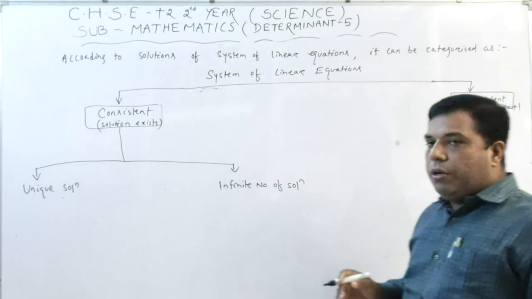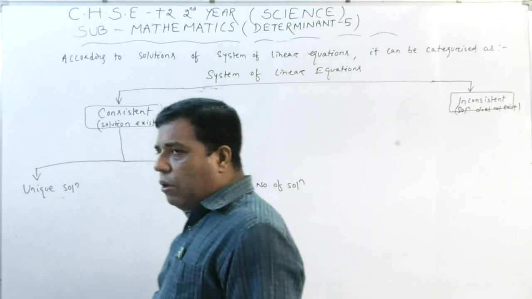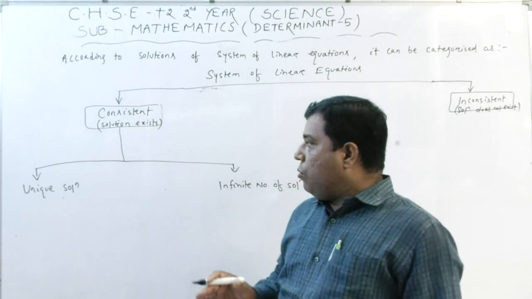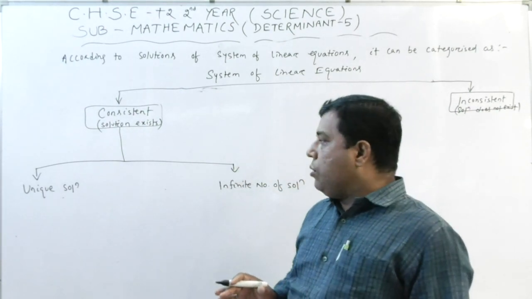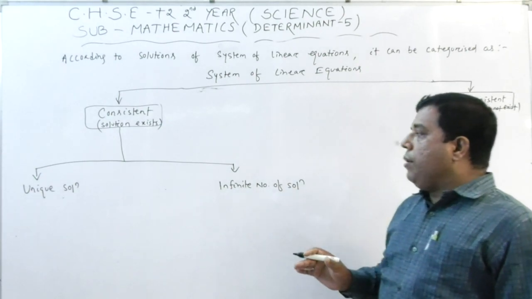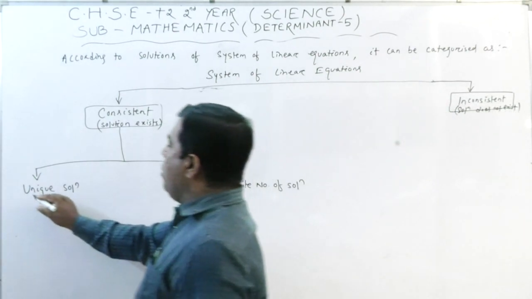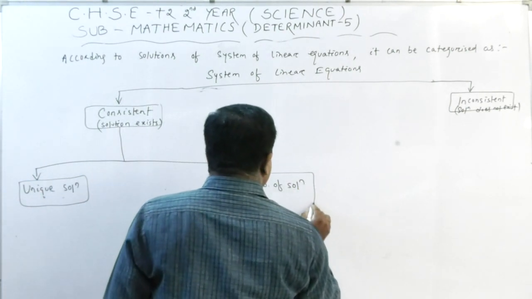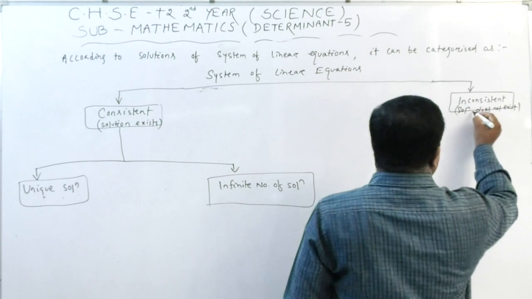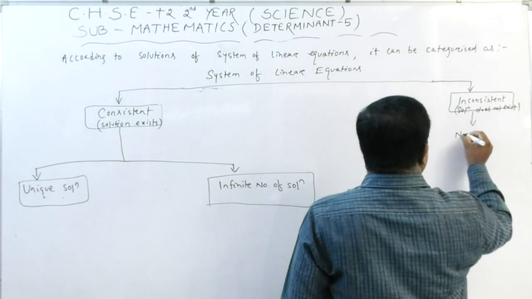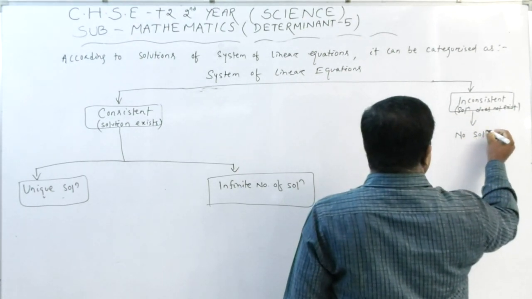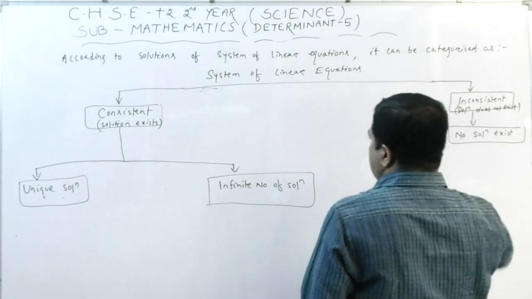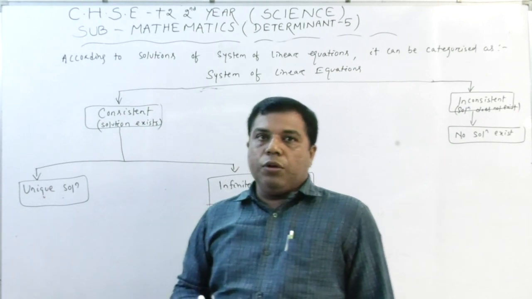So how can we find when a unique solution exists and when infinite solutions exist? Now I am going to show you when we get a unique solution, when we get infinite solutions, and when no solution exists.